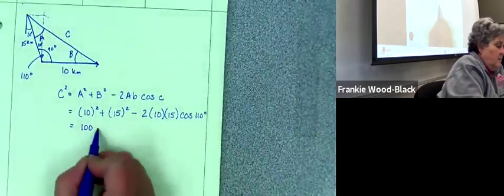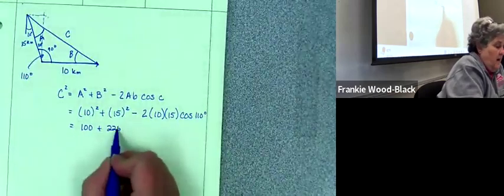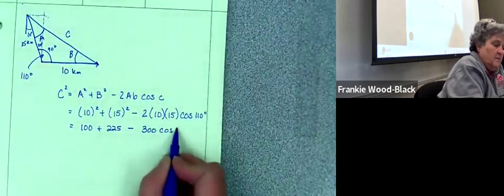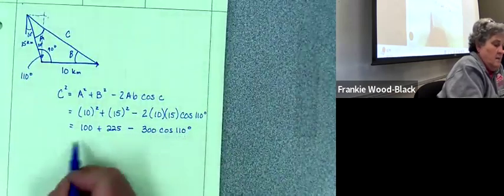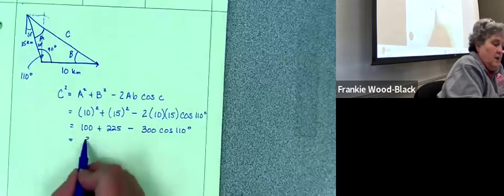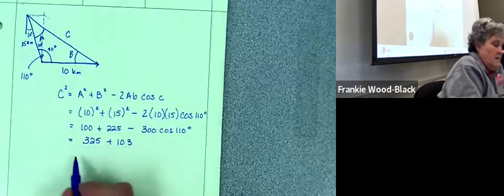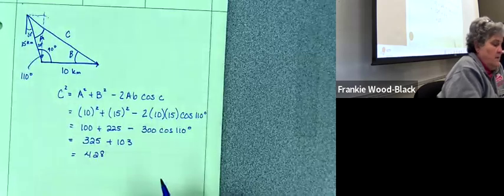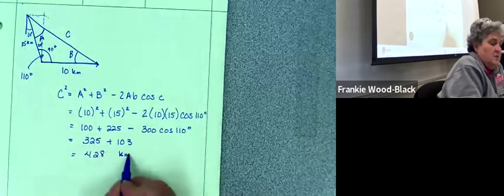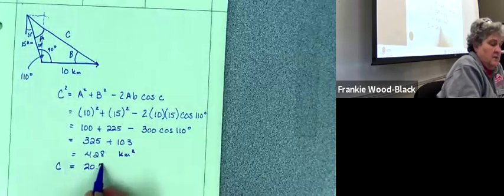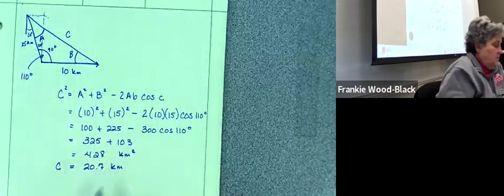This is 100 plus 225 minus 300 cosine 110, which gives me 325 plus 103, which should give me 428, and that's kilometers squared. So C is going to be 20.7 kilometers.